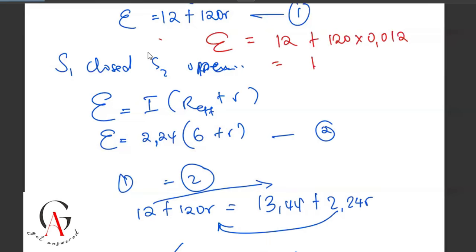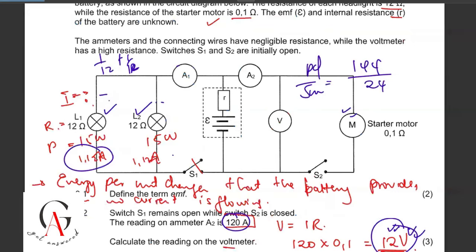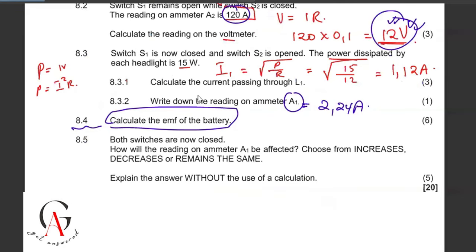So 13.44 becomes our EMF. So the EMF here is 13.44 volts.